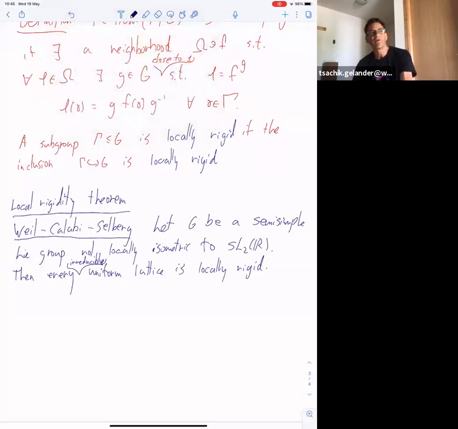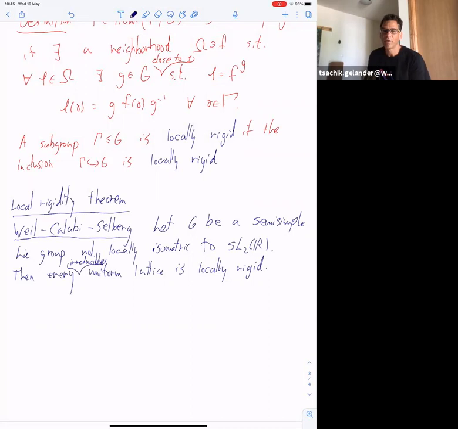Actually, this could be a wonderful thesis for a master student, but also a nice paper for a PhD student: to take Selberg's proof and do it in the generality of all semi-simple groups, because Selberg considered only SL_n.